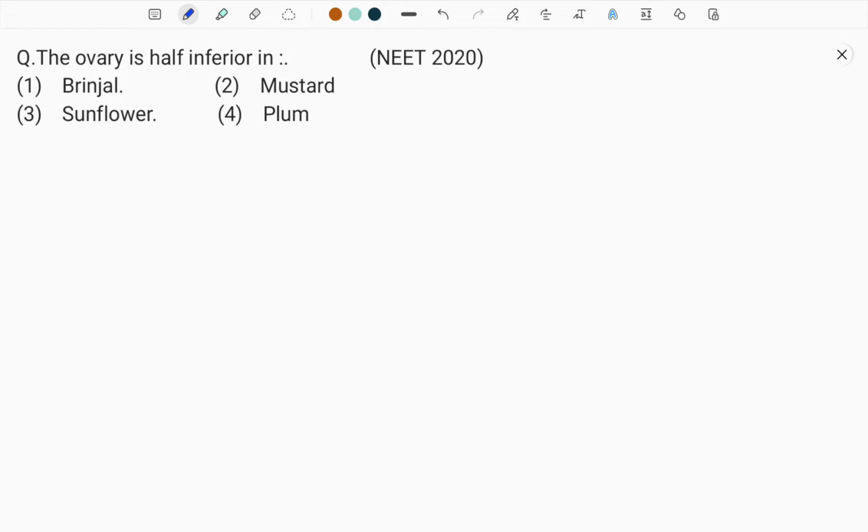Here the ovary position is the relation of the ovary with other floral parts. What are the other floral parts that are included here?